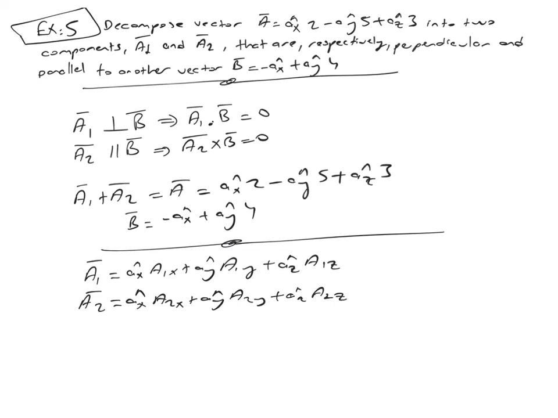Let's look at the cross product of vector A1 and vector B. And from this equation we can write this.